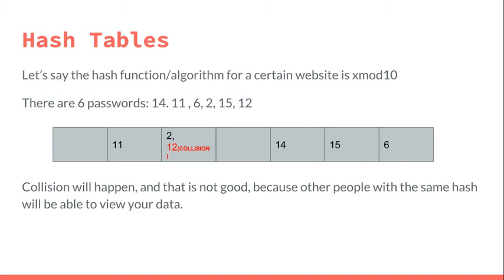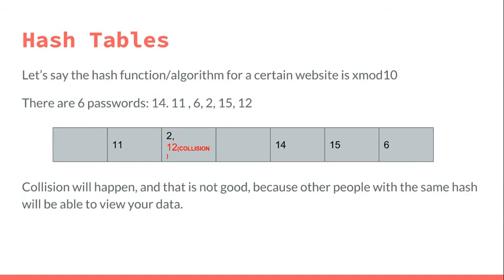So let's see the first password, 14 modular 10. 14 modular 10 is 4, so it goes on the 5th box. Then 11 modular 10 is 1, so it's put on the 1, which is the 2nd box. Then 6 modular 10 is 6, so we put it on the last box, the 7th box. 2 modular 10 is 2, so we put it on the 3rd box.